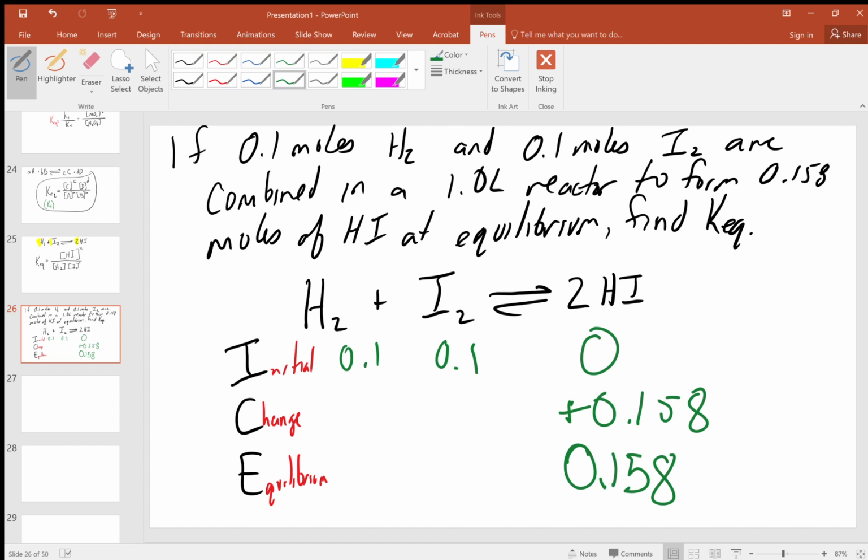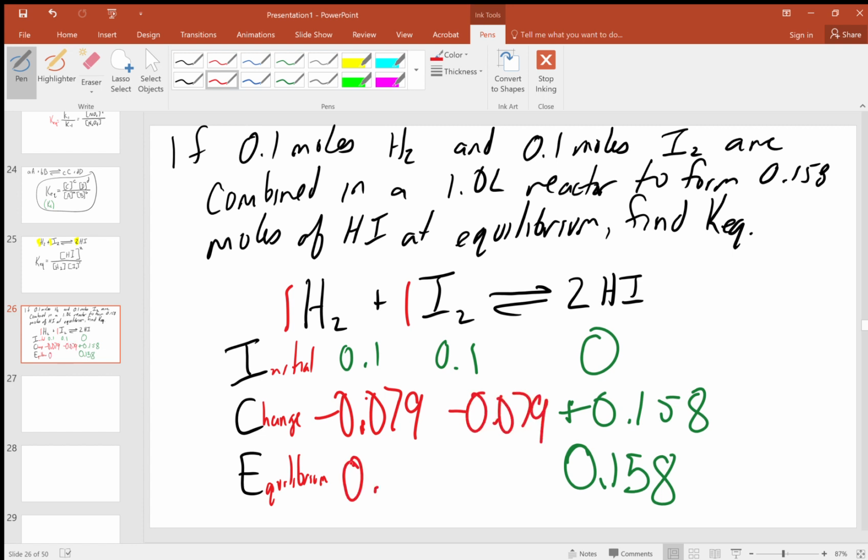So they had to decrease. But they don't decrease by 0.158. Why? Well, because the stoichiometry is 1 to 2. So they would decrease by half of 0.158. And we would have 0.021 left over at equilibrium.